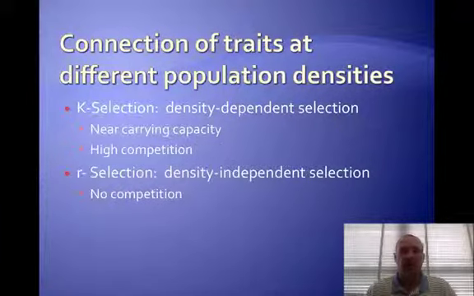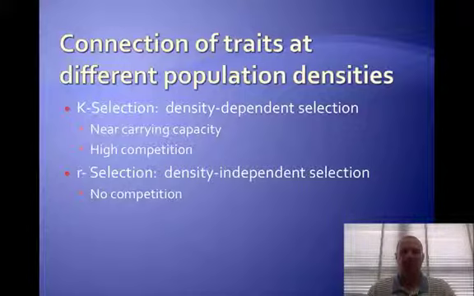All right, oftentimes ecologists have tried to figure out a connection of traits at different population densities, such as using K selection or R selection. Now, K selection is whenever the population is very near the carrying capacity, hence the K, and there's very high competition for the resources that are there. So you can think of a forest that's very mature.